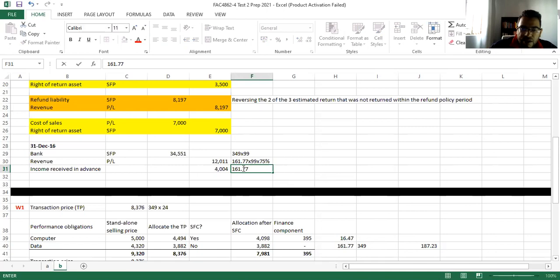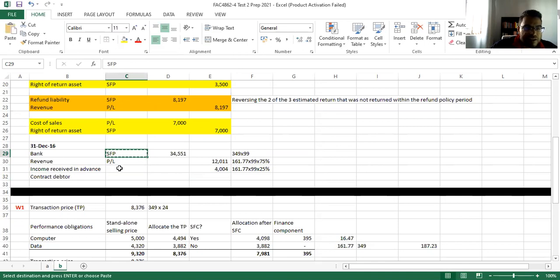So now the difference goes to contract debtors. The difference relates to contract debtors, the computers. So what is the difference? Just have a look. The difference is simply going to be that.